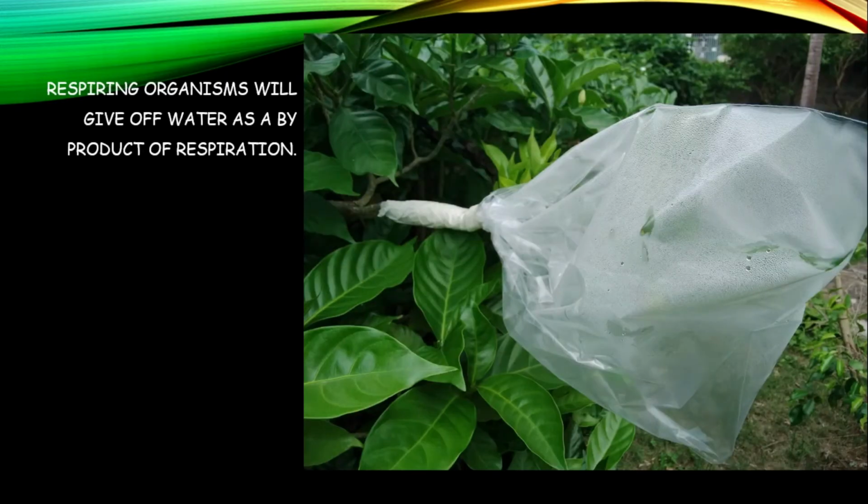Now, I took the time out to carry out a simple experiment on a plant at home. I tied a bag over the plant and then firmly secured it with a tape. Now, if you look at the bag closely in the picture, you will realize that there's water droplets on the bag. Now, a respiring organism will give off water as a byproduct of respiration.